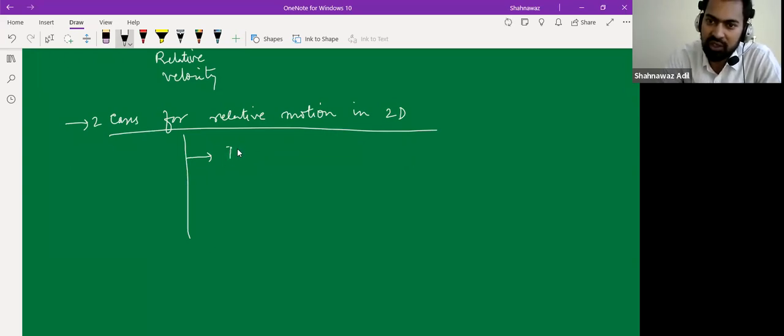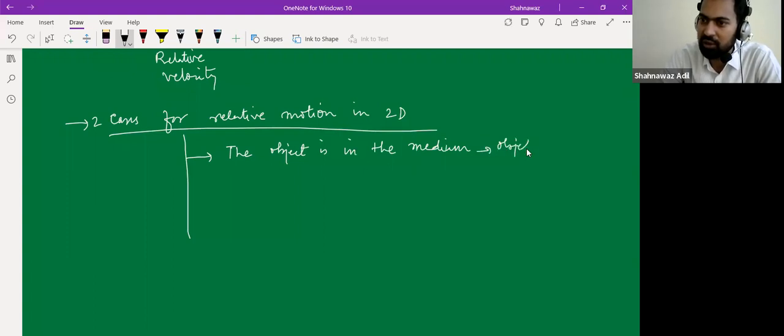So the object is in the medium, and the medium is moving.